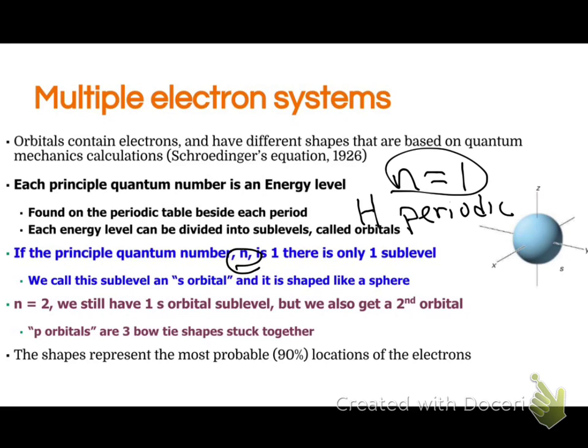At that point, you have more than just the sphere that we just saw in Schrödinger's diagram. You also get something called p orbitals, which look like 3 bow ties that are kind of stuck together. So there's 3 shapes in a p orbital and a p energy level.